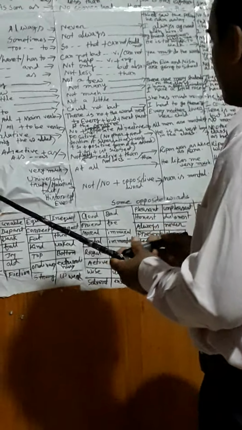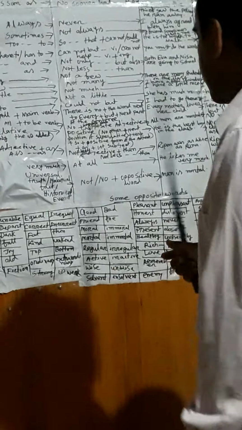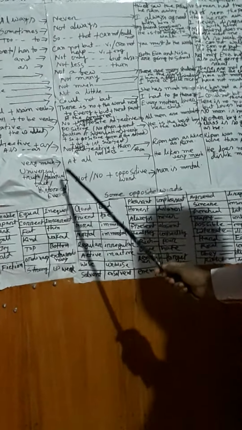Next rule: if the sentence expresses a universal truth or habitual fact or historical event, then you have to use in the negative sentence not or no plus opposite word. For example, man is mortal.